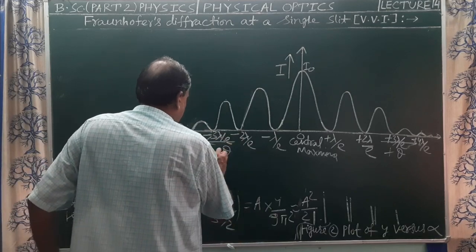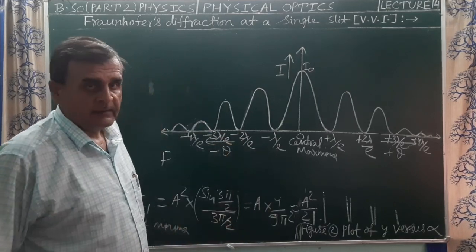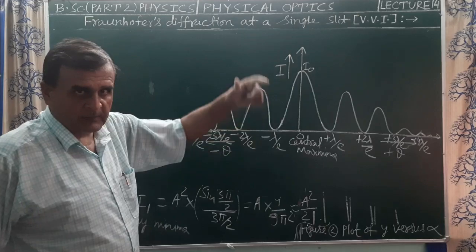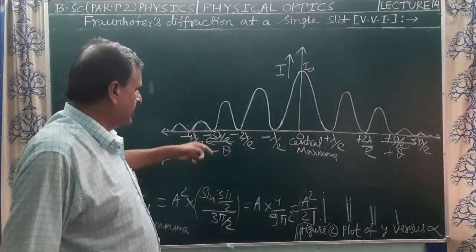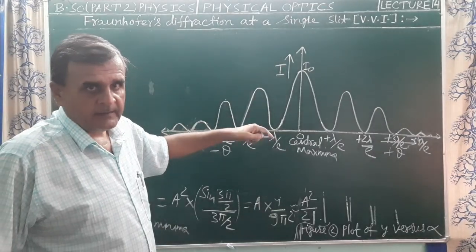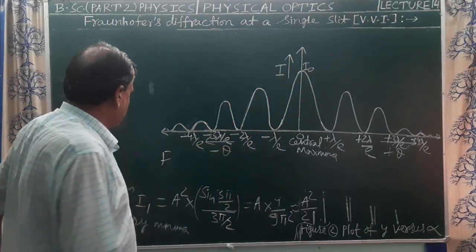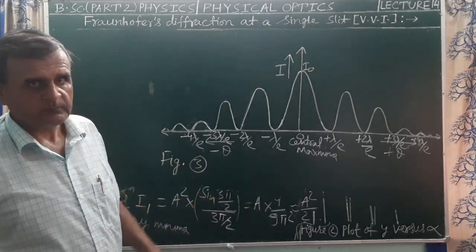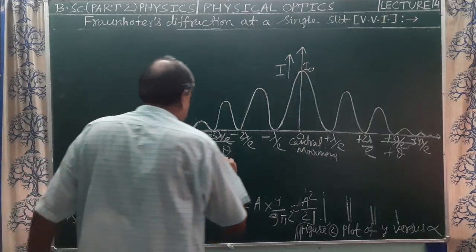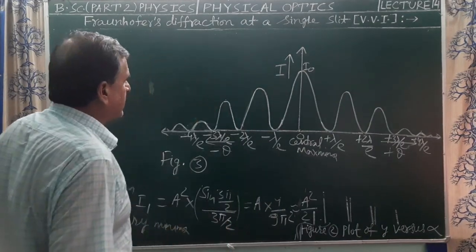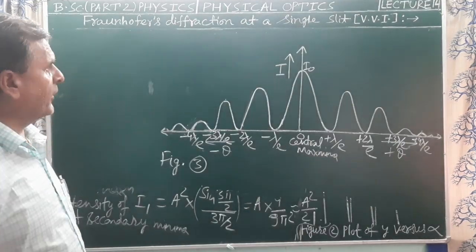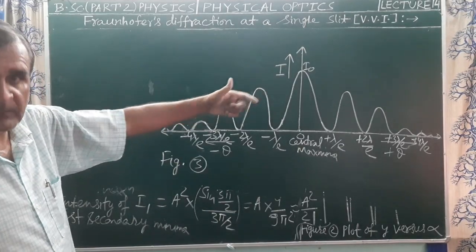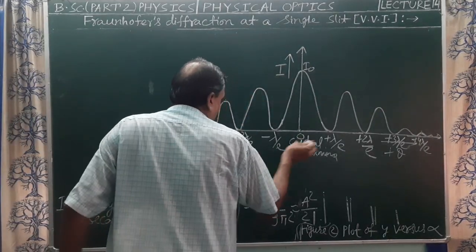Along positive axis it is direction of maxima and minima represented by the symbol plus theta, and along the negative x-axis, that is below the center of the screen, it is direction of maxima and minima represented by symbol minus theta. So this represents figure 3 of this video, and this is the diffraction pattern of Fraunhofer diffraction at a single slit, which represents the variation of intensity of light with direction of maxima and minima. That is I theta plot.